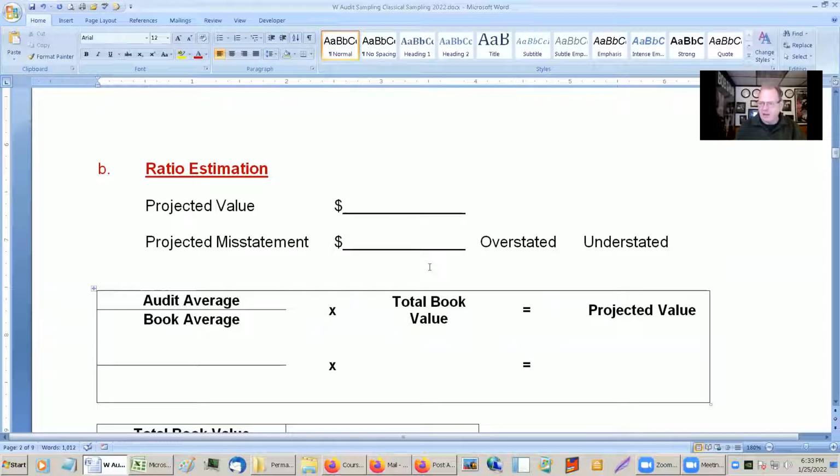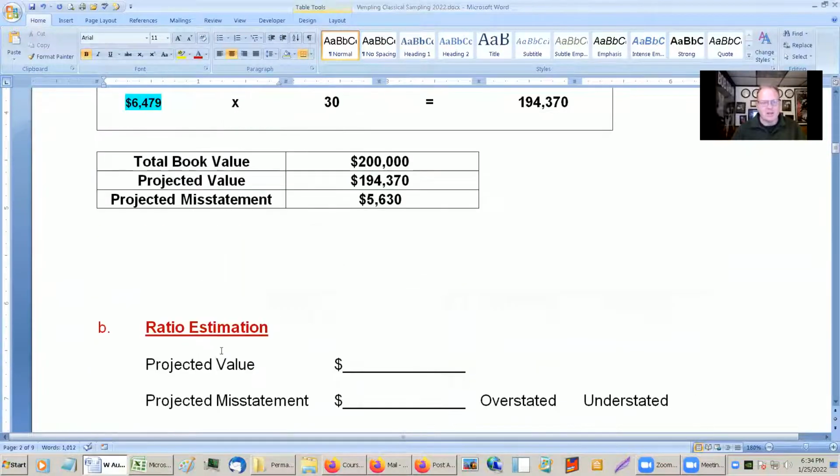A $40 account probably is not going to be off by $200; it might be off by $2 or something. The idea is bigger accounts, bigger errors; smaller accounts, smaller errors. So there's a ratio of what these are off by, and you always take the audit over book. If you forget which comes first, do it alphabetically: audit over book.